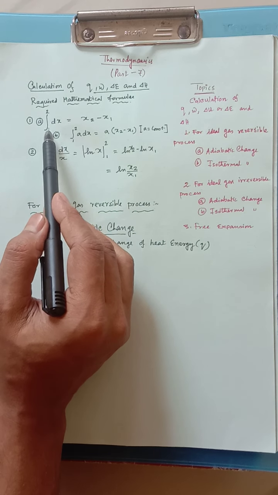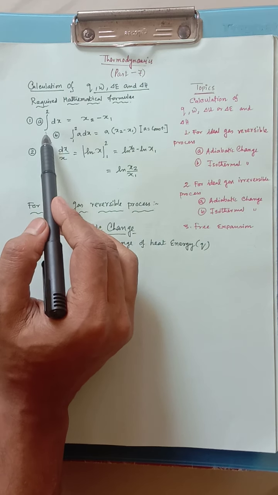In calculus, it is a definite integral from the first state to the second state. Obviously it will be x2 minus x1, and I think we all know about this. And whenever a is a constant, the constant term will be taken out of the integral, so ultimately this will be the formula.